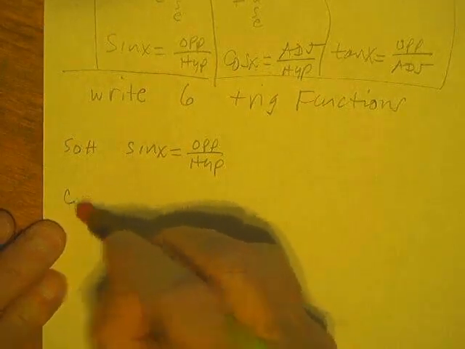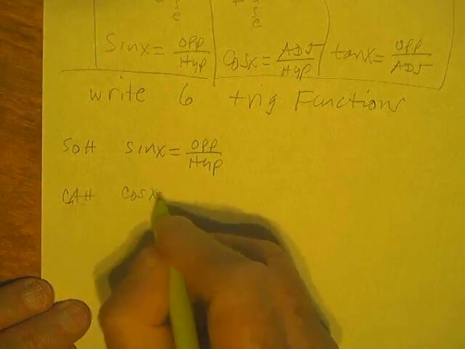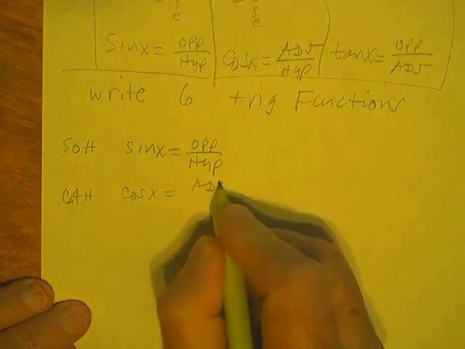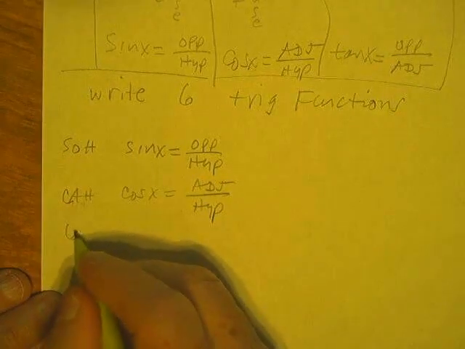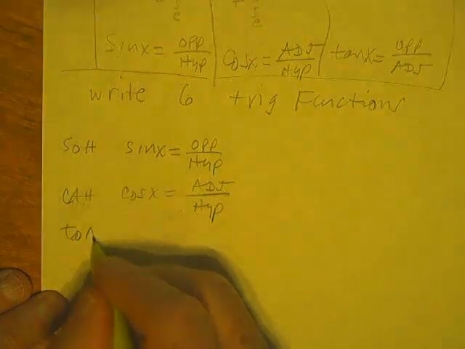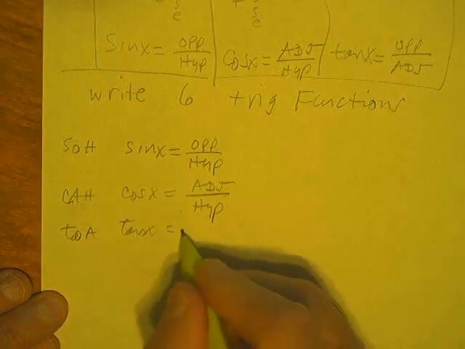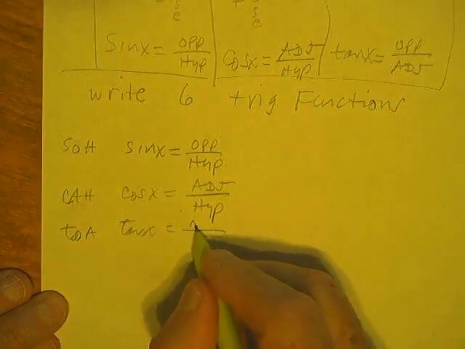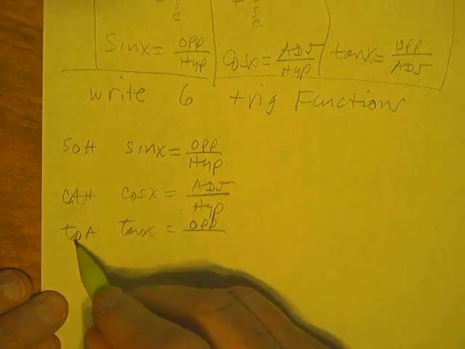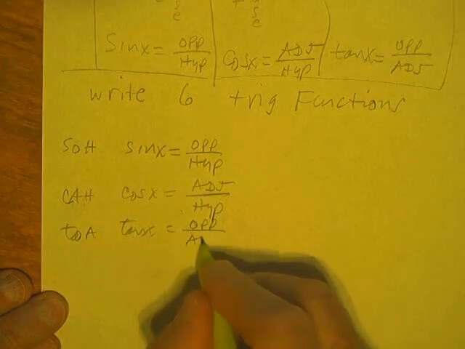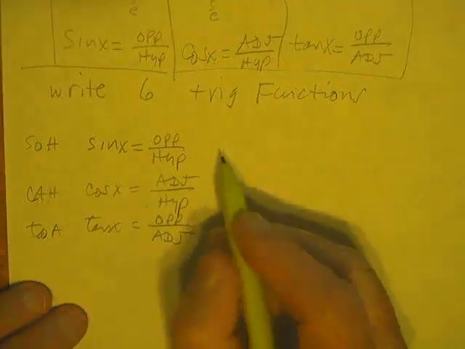Cosine is adjacent over hypotenuse, and tangent is TOA, O for opposite, A for adjacent. And then we got sine, cosine, and tangent.